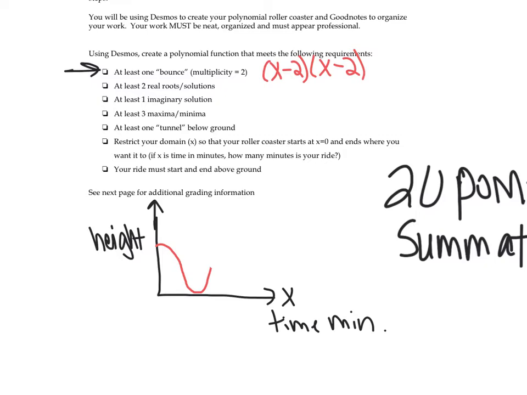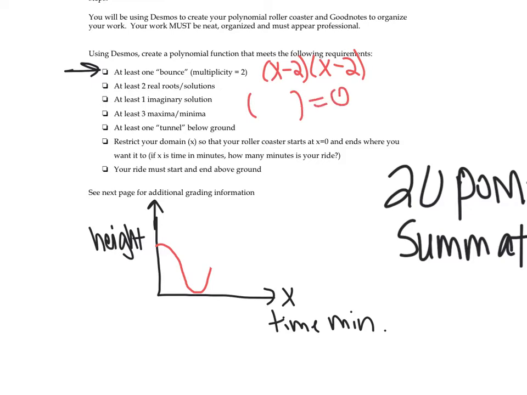You need at least 2 real roots or solutions, which means it basically has to cross, bounce, wiggle, or something like that at least twice, and at least one imaginary solution. Keeping in mind, in order to get an imaginary solution, every one of our factors gets set equal to 0.